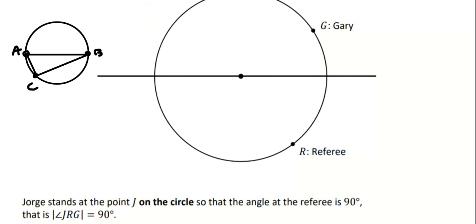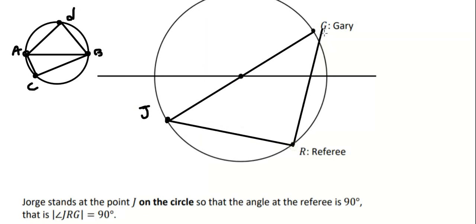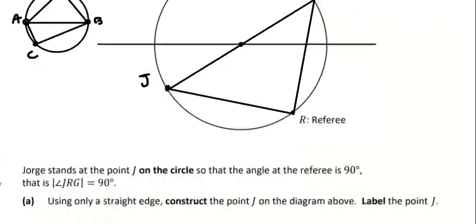Okay, if I did a point D up here, that would also make a right-angled triangle. No matter what way I organize it, it's going to be at a right angle. So what I suggest is we get a line from Gary, we go straight through the center of the circle, and then we have the point J for Jorge, and then we can clearly see that the referee is now at 90 degrees to Jorge and Gary.